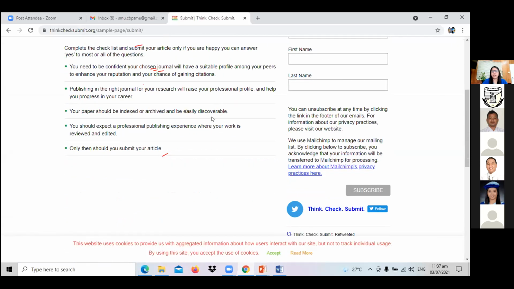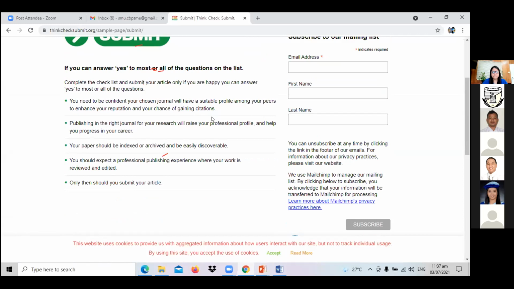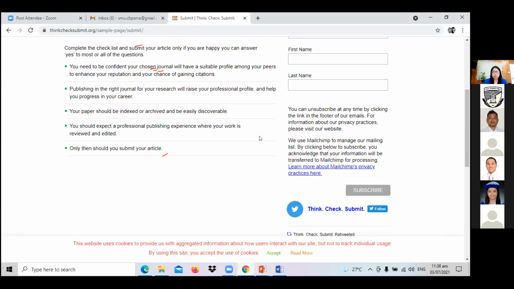So you have to consider the following. You need to be confident your chosen journal will have a suitable profile among your peers to enhance your reputation and your chance of gaining citations. Publishing in the right journal for your research will raise your professional profile and help your progress in your career.